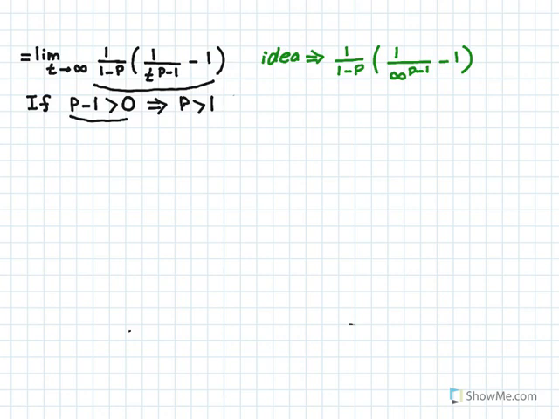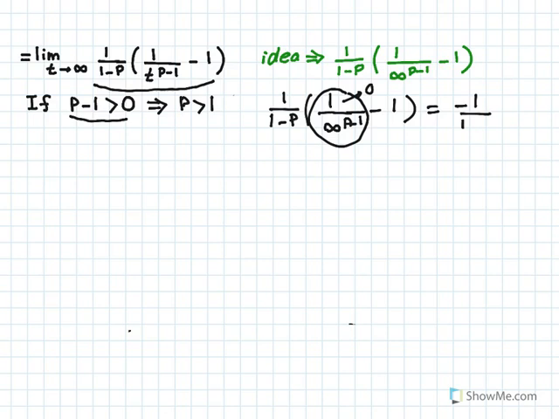Since t is going to infinity, let me write this as infinity to the p minus 1, minus 1. So here's the question for you. What happens when p minus 1 is positive? Well, this term, 1 over infinity to the p minus 1, will go to 0. And we're going to get negative 1 over 1 minus p, which can be simplified if you multiply the top and bottom by negative 1. We get 1 over p minus 1.